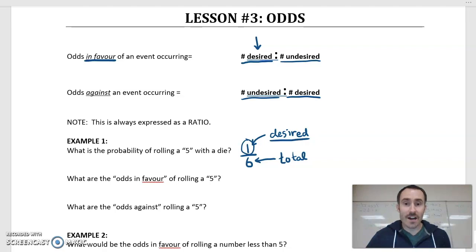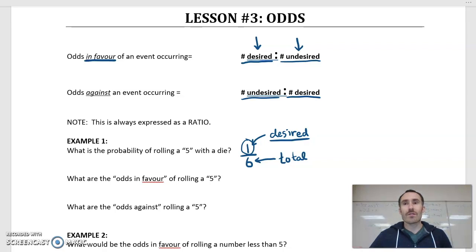There's 1 desired outcome. We also need to know the number of outcomes that are not what we want. It's not the total that we're putting in there. It's what out of the total are ones that we don't want. So if there is 1 that is desired and 6 in total, that means 5 of the sides are the undesired outcomes, the ones we're not looking for.